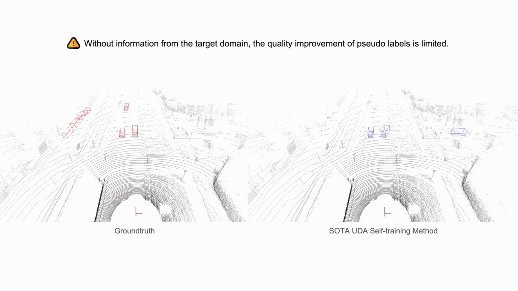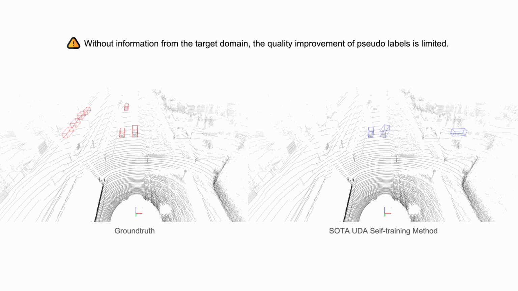However, the quality improvement of pseudo-labels is limited because those pseudo-labels are generated by the model based on its understanding from the source domain. Without using information from the target domain, we cannot effectively select high-quality pseudo-labels.